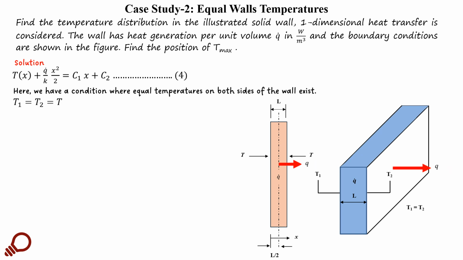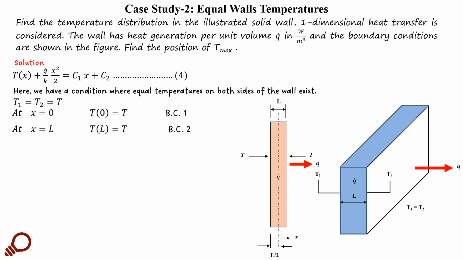Thus, we have a constant temperature on both sides. And such conditions are even available in industry. For example, a wall is exposed to the environment. Then we will have heat transfer to the environment, and the temperature is constant on both sides, with heat generation per unit volume as a uniform value.